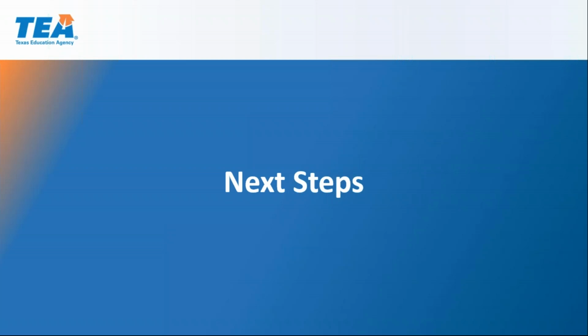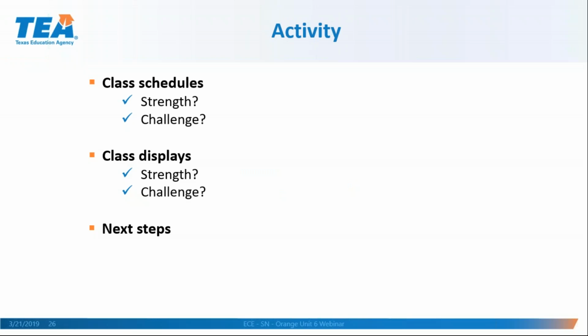So what are our next steps? Well, this is what I would like you to do for the activity for this unit. I would like you, again, to pick one or the other. You can always do both, but I'd like you to either concentrate on class schedules or on class displays.